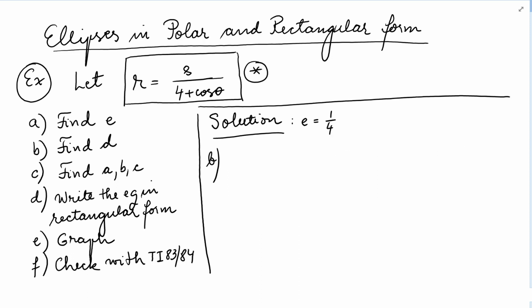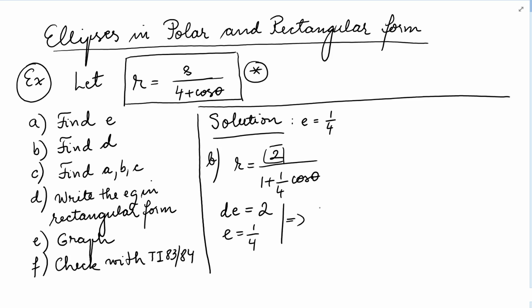Let's do part B, where we want to find d. So the equation that we had was 2 over 1 plus 1/4 cosine theta, and we know that de is equal to the number at the numerator, so it's equal to 2. But e is equal to 1/4, so we get the equation d times 1/4 equals 2, which means d equals 8.